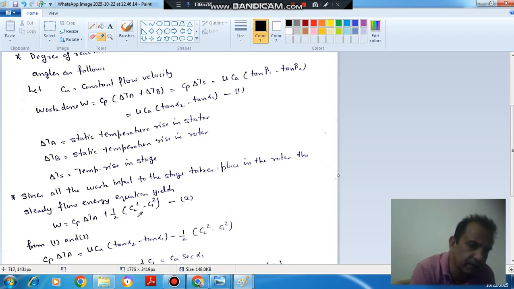So this will be your kinetic energy. Now W in terms of alpha 2 and alpha 1 is this, so we can put this value here: U Ca (tangent alpha 2 minus tangent alpha 1) minus 1 by 2 (C2 square minus C1 square) is equal to Cp del Ta.